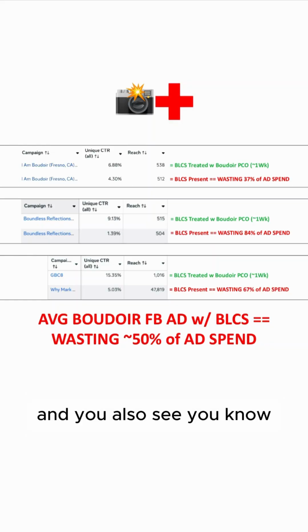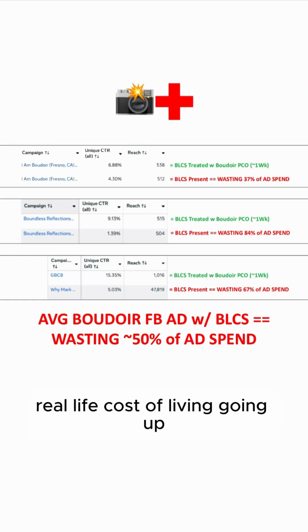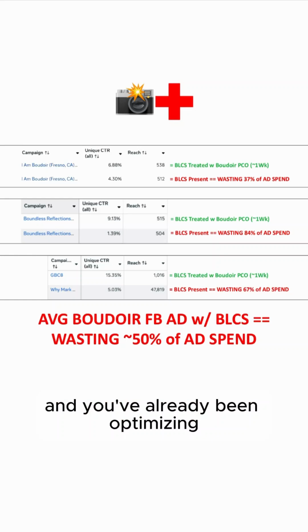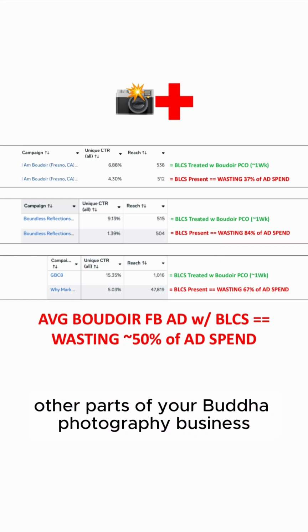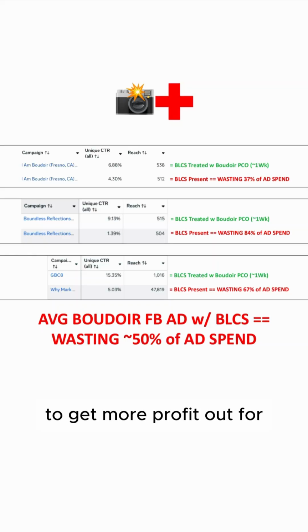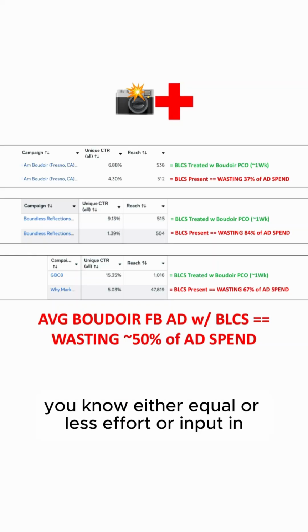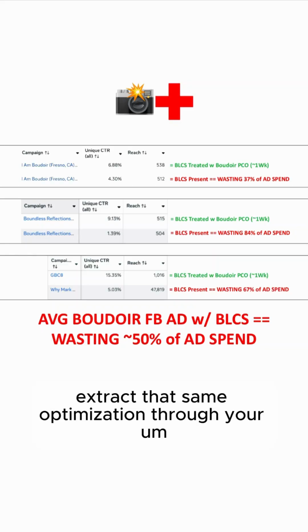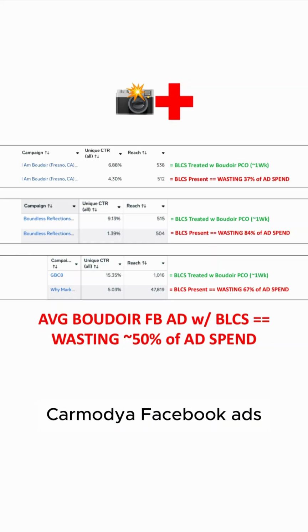And you also see inflation, real-life cost of living going up just about everywhere. And you've already been optimizing other parts of your boudoir photography business to get more profit out for equal or less effort or input in. And you've decided you now want to extract that same optimization through your current boudoir Facebook ads.